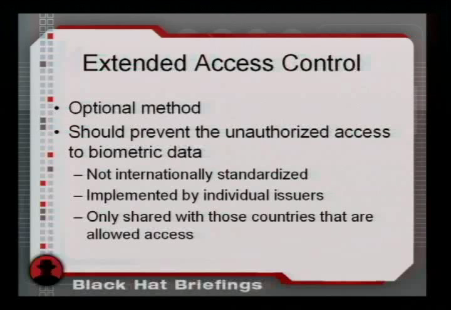We also have a method called extended access control. This is optional because some countries are not interested in sharing biometric information with others. So it's not standardized, and it's implemented by individual issuers, and it means that the content in DG3 and DG4 is encrypted and can only be accessed by one of the countries that allowed shared access.